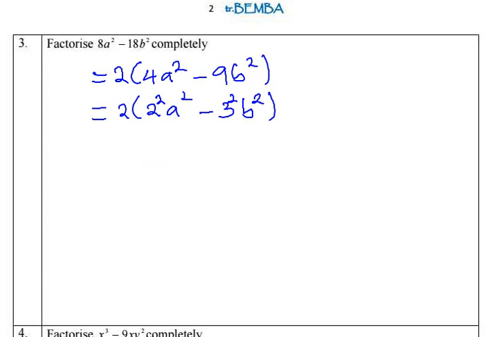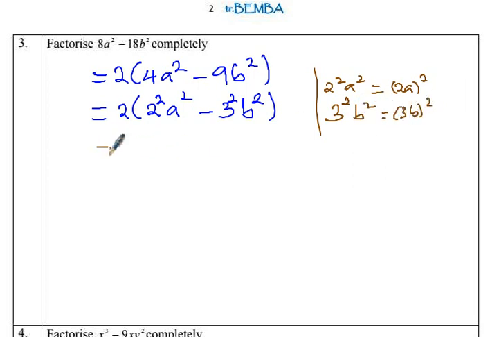And now remember when I have 2 squared a squared, this is the same as saying 2a squared. If I open brackets, I'll square the 2, I also square the a. Also 3 squared b squared can be written as 3b brackets squared.